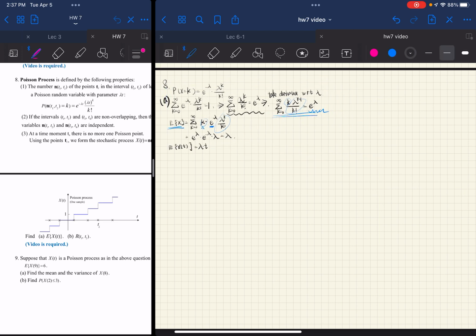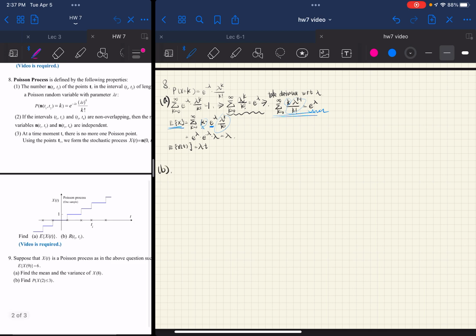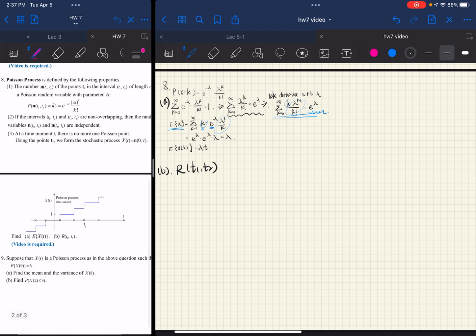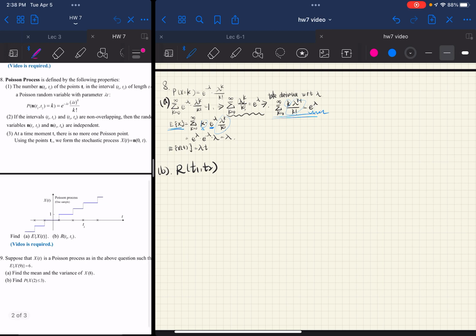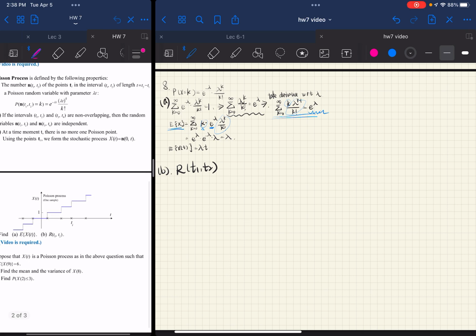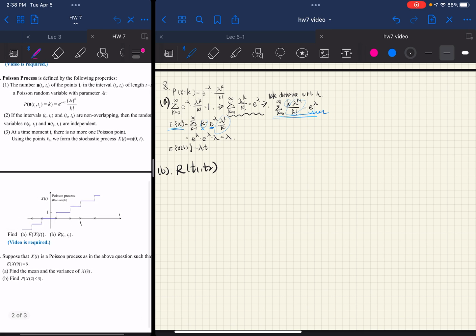For problem B, we are asked to find the autocorrelation between t1 and t2. From the question we know that if the intervals are non-overlapping, they are independent.